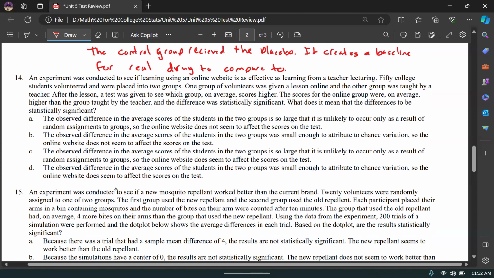So the online website does seem to affect the scores on the test. Yes, statistically significant. So again, what we're saying here is that there's a big enough difference between the online score and the teacher-taught score to say that the online score is definitely better. That's what we're saying in essentially choice C.